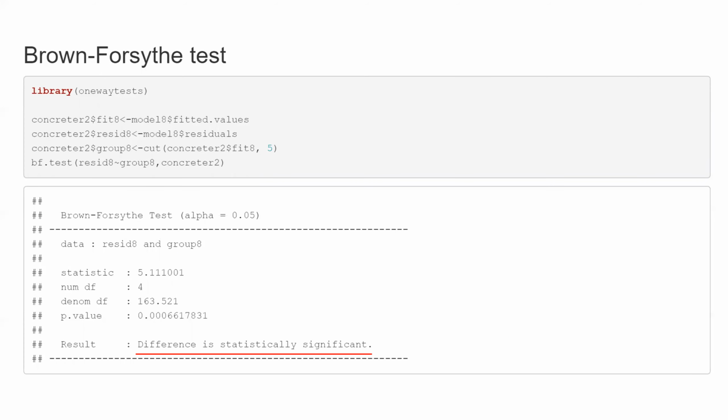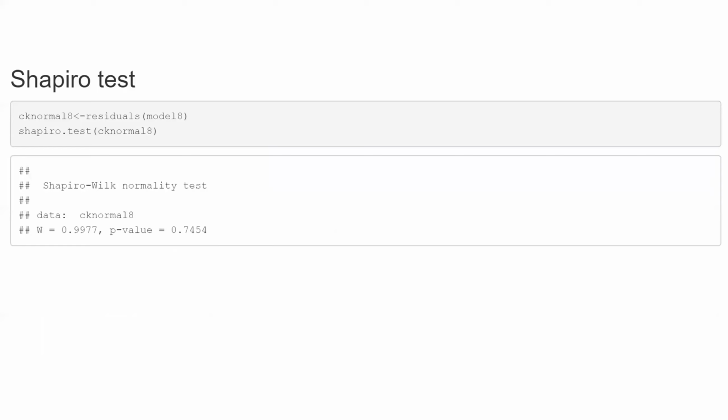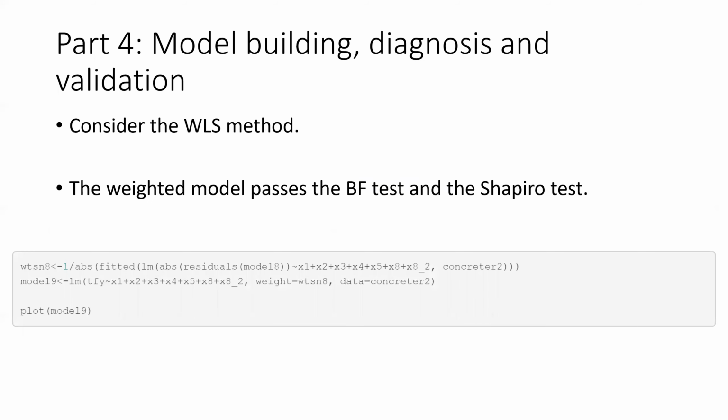And the BF test shows that the constant variance assumption is violated. And the Shapiro test shows that the normality assumption is not violated. So here again, we consider the WLS method. The weighted model passes the BF test and the Shapiro test.